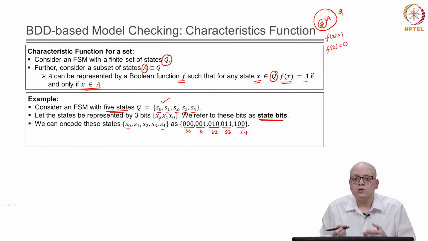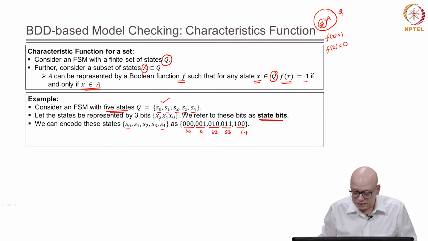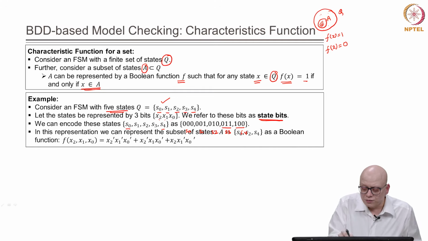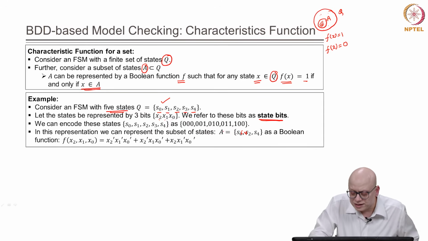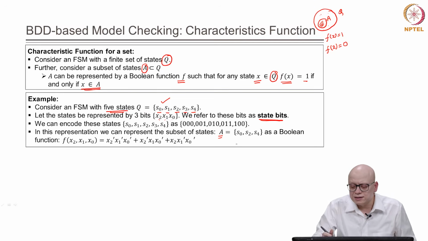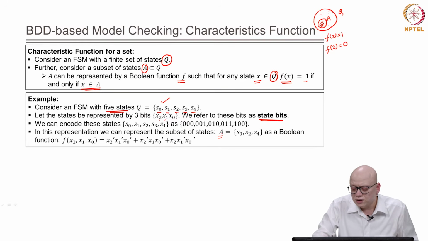This is how we have encoded the given set of states. Now, in this representation we can represent the subset of states A. Let us consider that there is a subset A which contains only 3 states out of 5 states, S0, S2 and S4.